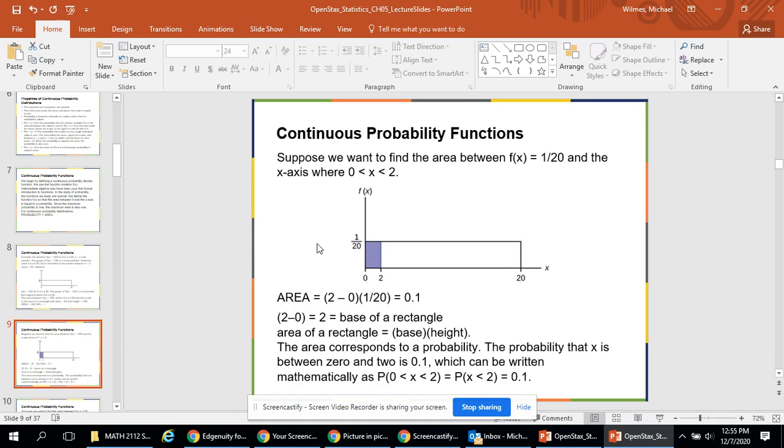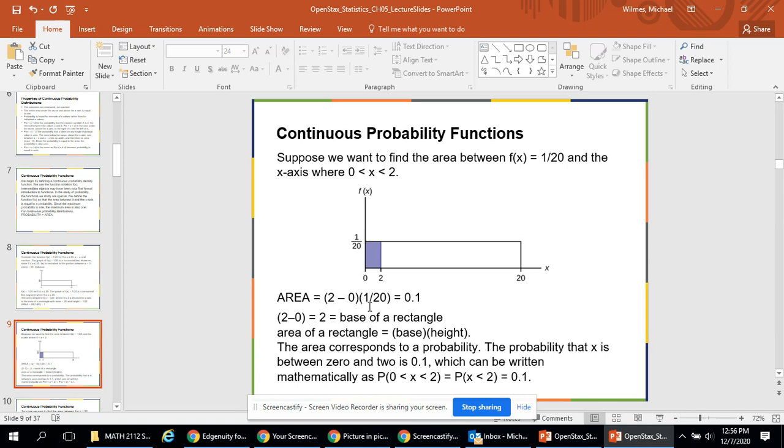So for example, if we want to find the area between the function and the x-axis, where x is between 0 and 2, what we would do is shade that on our rectangle. So between 0 and 2, up to 1/20th, we recognize that's a rectangle, and we simply calculate the base and the height. The base is the distance between 0 and 2, so 2 minus 0, multiplied by the height.